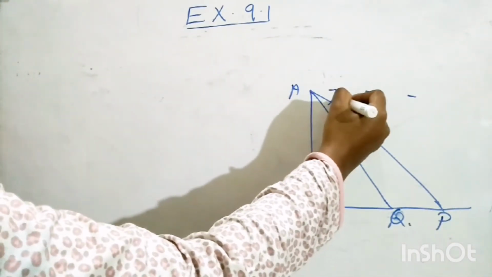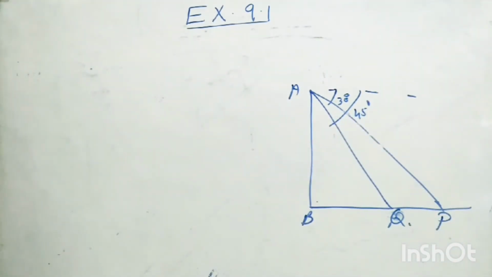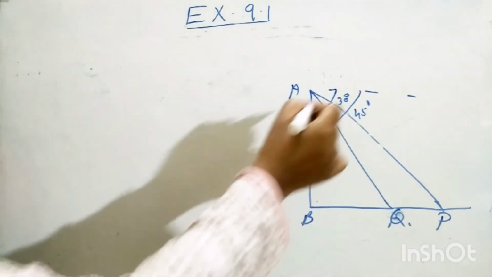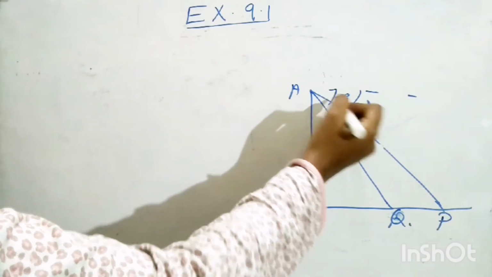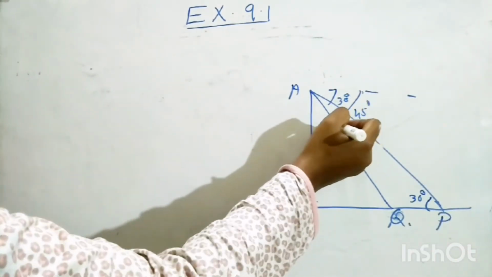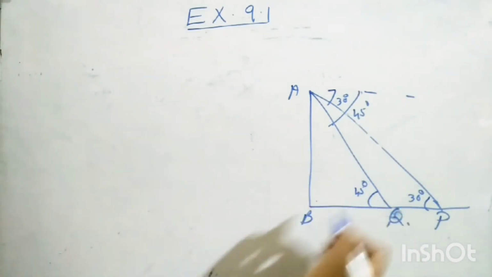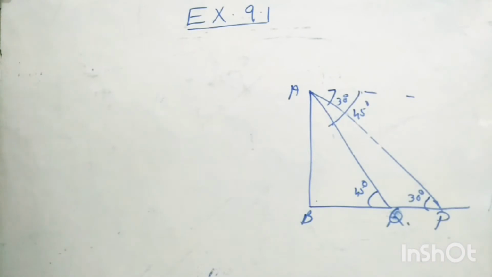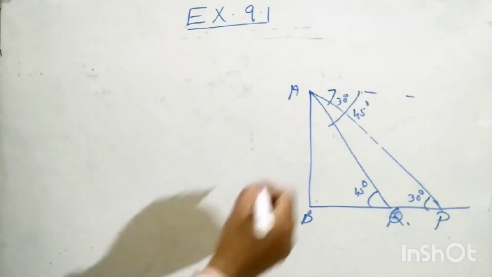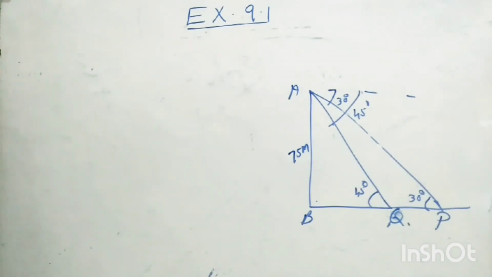This angle is 30 degree and the second one is 45 degree. Since this is 30 degree, therefore this angle is also 30 degree. And this is 45 degree. And the height of the lighthouse is given, that is 75 meter.